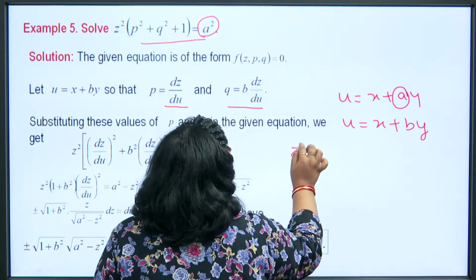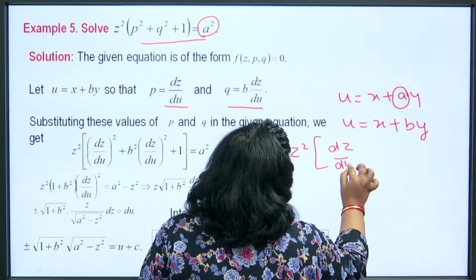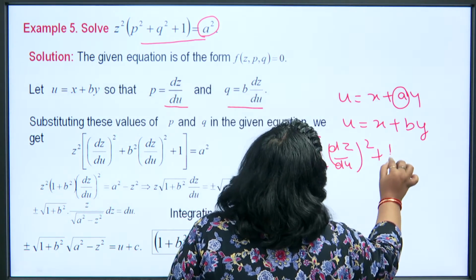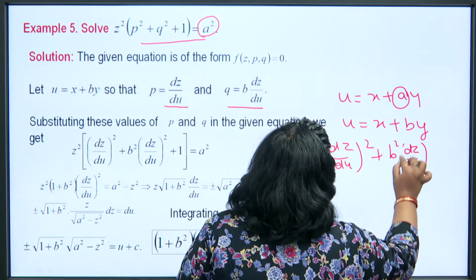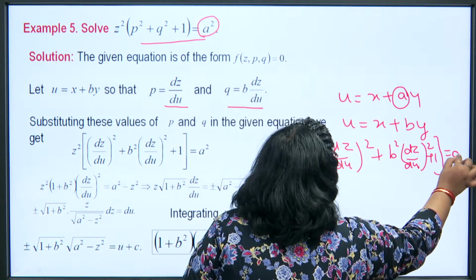We get z square (dz/du)^2 + b square (dz/du)^2 + 1 = a square.